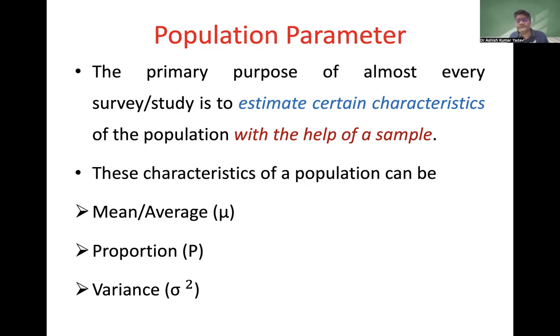The parameters are the things which describe the distribution and appearance of the population when you graph them. The population characteristics can be the average, standard deviation, variance, or anything. Population characteristics are called parameters, whereas sample characteristics are called statistics. With the help of statistics, we make inference about the population parameter.